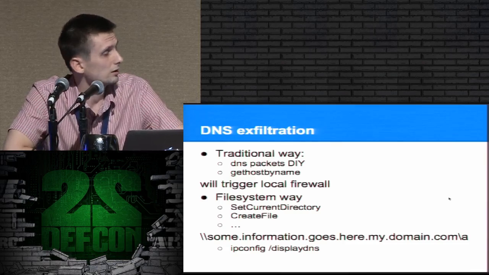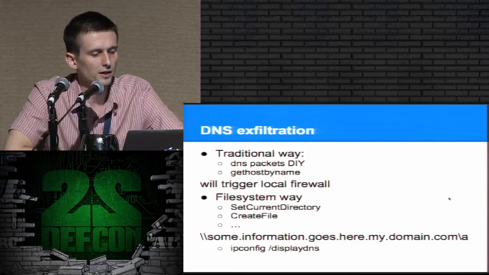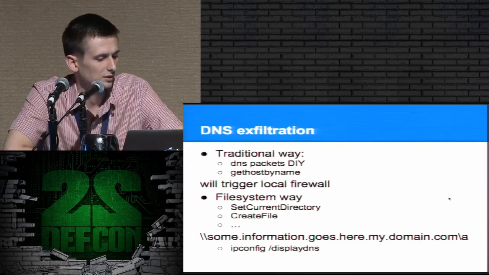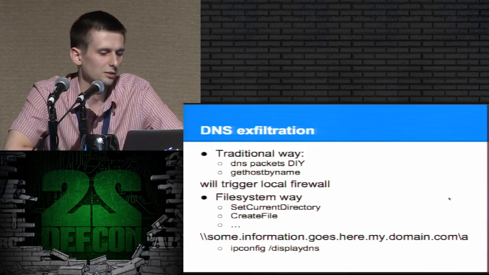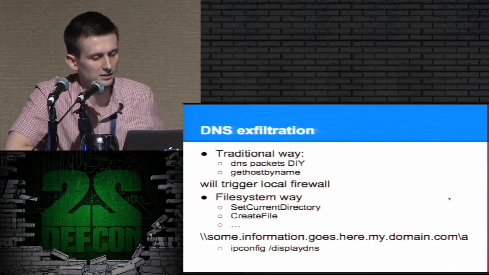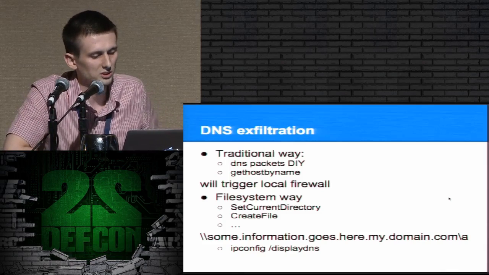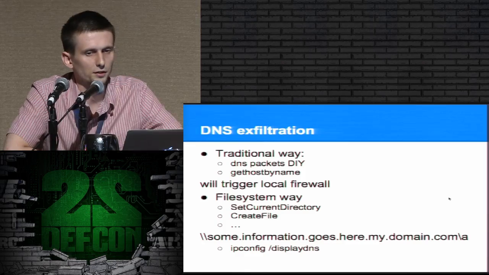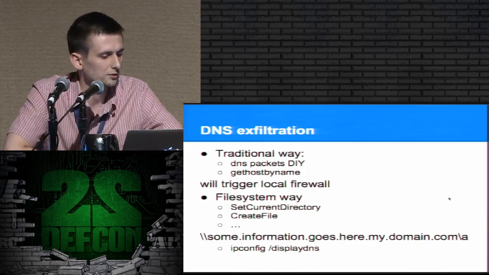For example, Windows APIs like CreateFile or SetCurrentDirectory with a path like \\some-information-goes-here.my-domain\some-directory will force the operating system to resolve a DNS name for you and send the DNS request to your server, and the personal firewall actually will not block it, and that means that you'll win.